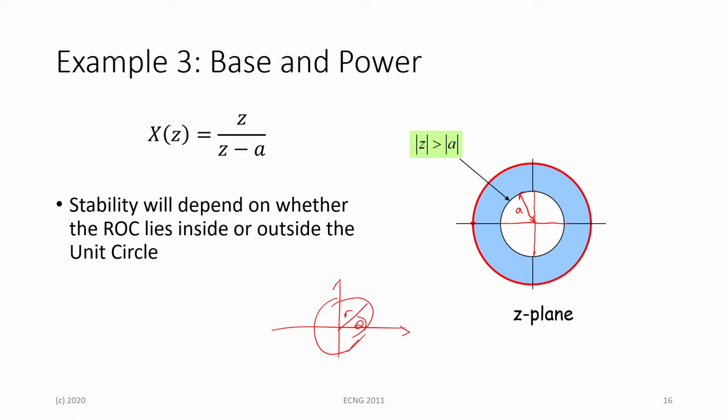If these were axes, this would be 0 degrees, this would be 90 degrees, this would be 180 degrees, and this here would be 270 degrees. So that would be your axes for this z-plane because it's polar coordinates instead of Cartesian coordinates. It's just an angle axis, and the radius of the circle determines the magnitude.